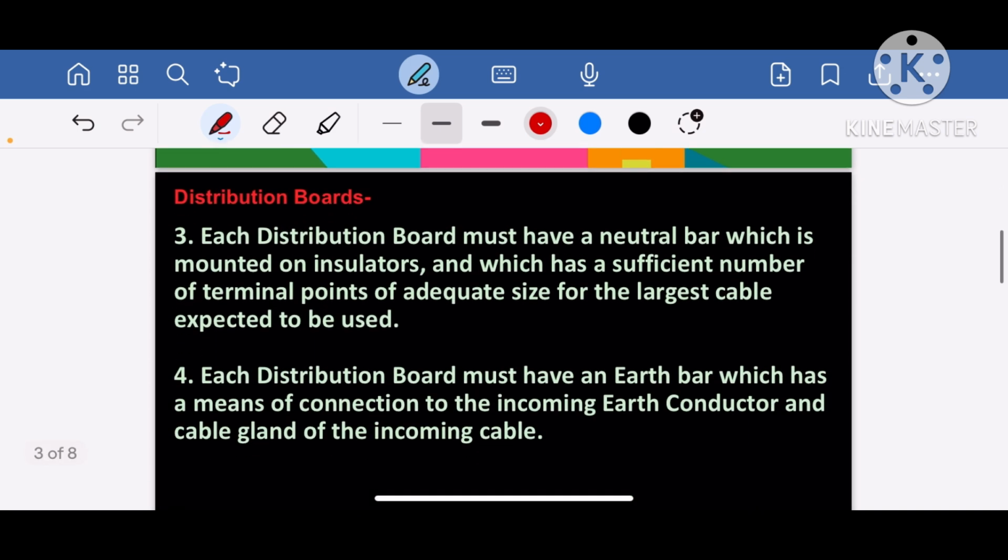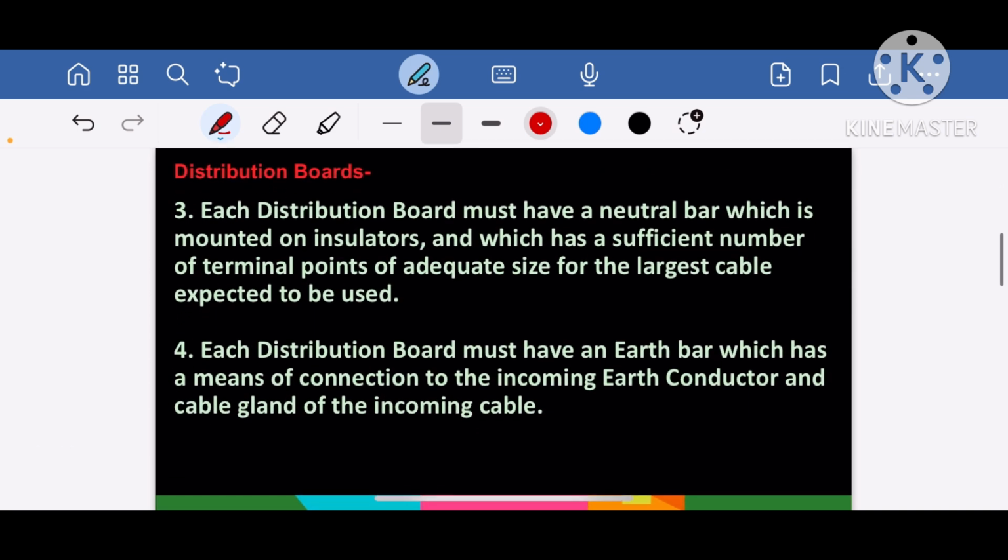Now let us move to the other point. Each distribution board must have a neutral bar which is mounted on an insulator and which has a sufficient number of terminal points of adequate size for the larger cables expected to be used. What does it mean? There will be a distribution board and it will have bus bars and outgoing circuit breakers.